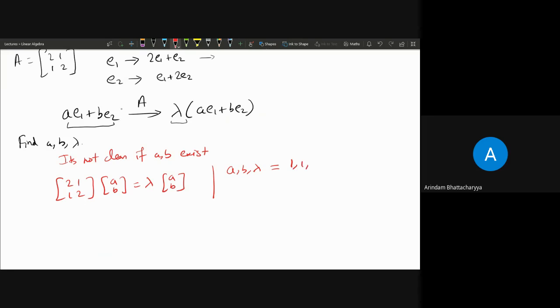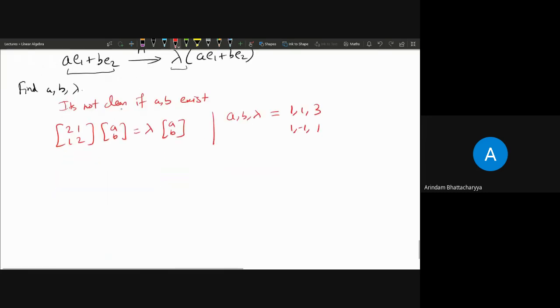Yes, 1, 1, 3, and another with something other than 3. One, negative one, one. Yes, 1, negative 1, 1. So E1 plus E2 goes to 3 times E1 plus E2, and E1 minus E2 goes to E1 minus E2.